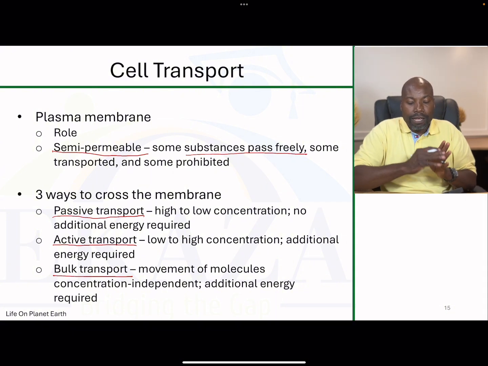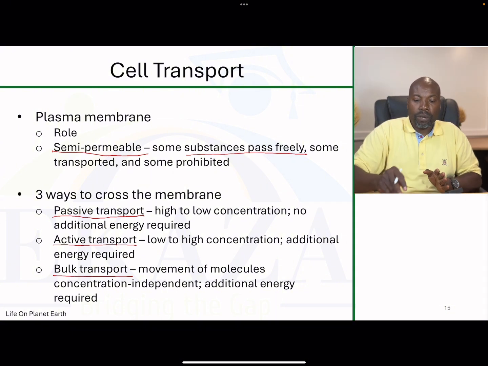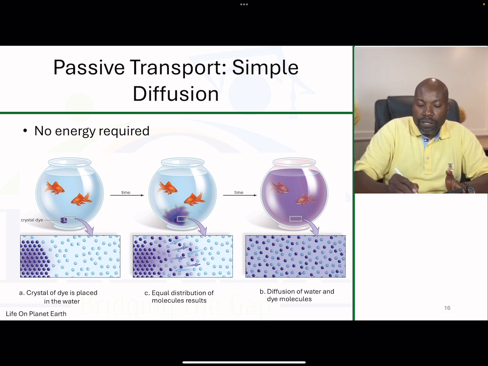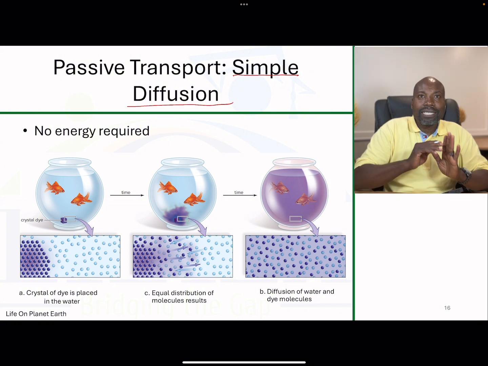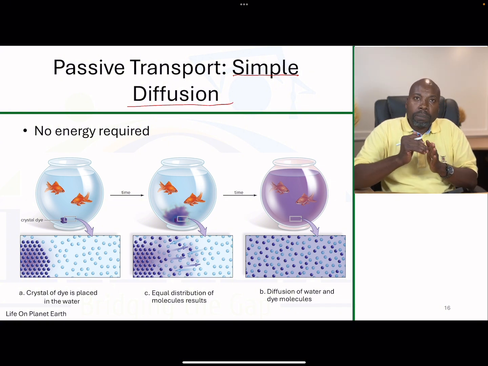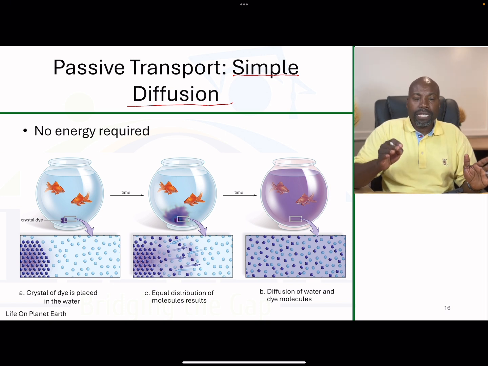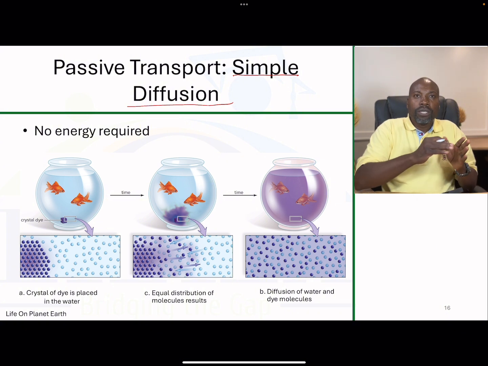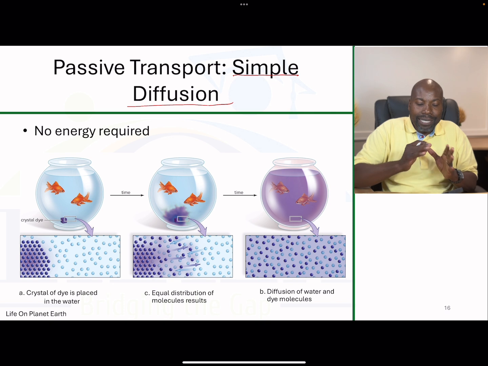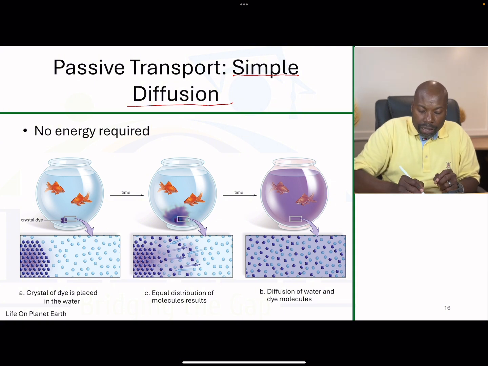Now, let's take a look at, first of all, passive transport. In the passive transport, you have, first and foremost, simple diffusion. In simple diffusion, the chemicals are simply crossing the plasma membrane without any kind of support, right? They simply follow the gradient from high concentration toward low concentration. This is exactly what happens when you put, for instance, a piece of sugar in the water.